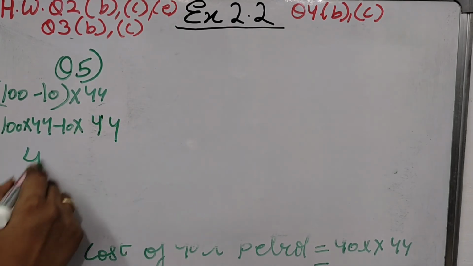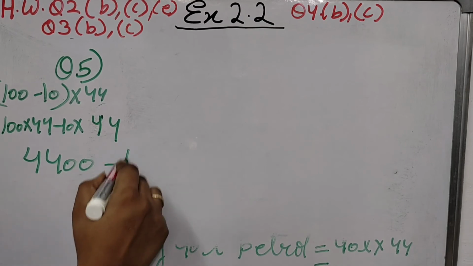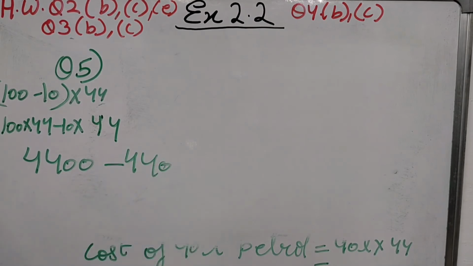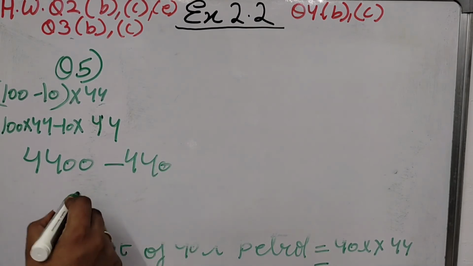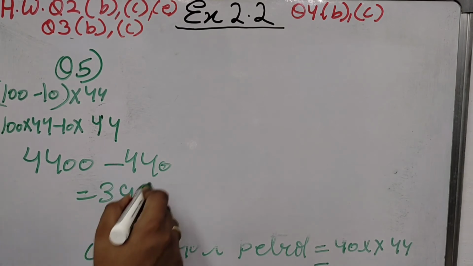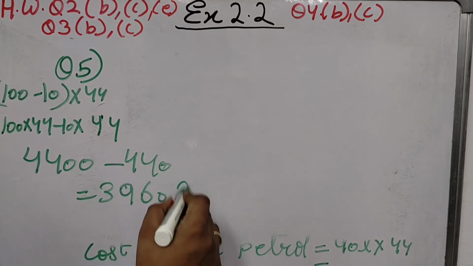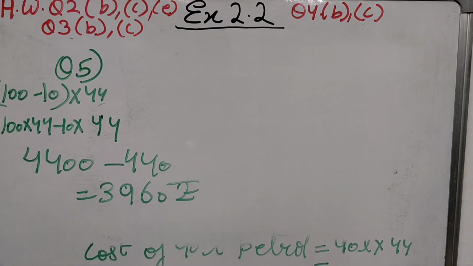So this is 4400 minus 440. By this you get your answer as rupees 3960. This is the calculation.